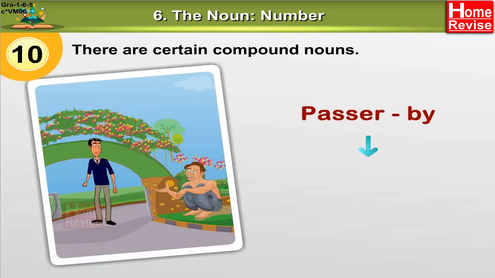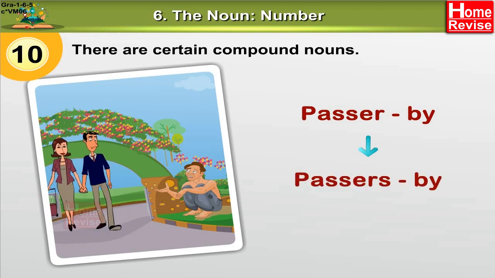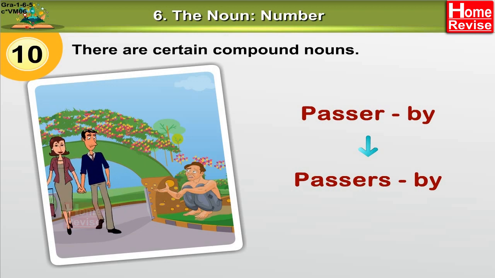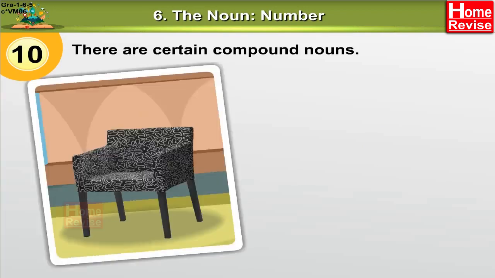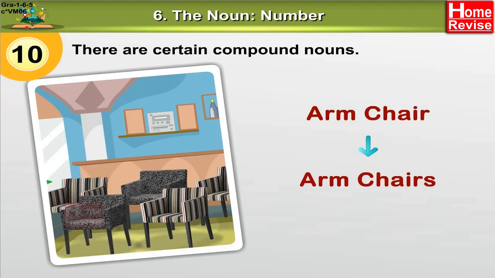Passer-by changes to passers-by. Now do remember that in the above words, S is added to the first part of the word, not the second. But now here, see another example. Armchair changes to armchairs. Here, S is added to the second part of the word.